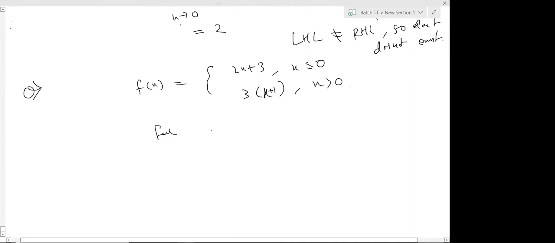You have to find whether the limit as x tends to 0 of f of x exists or not. Try to solve this.